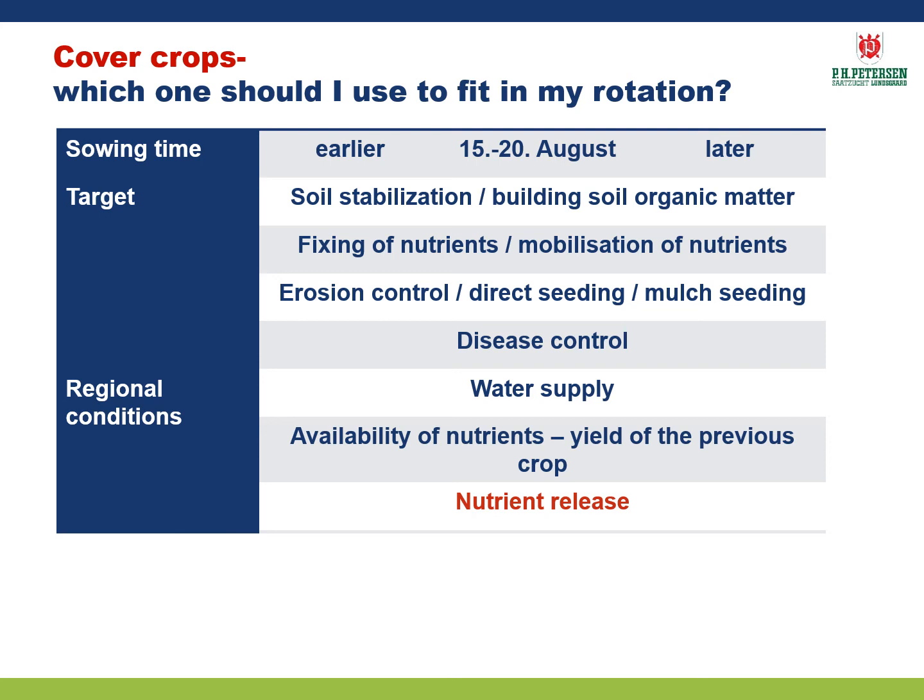Nutrient release is also some point you can look for. Everything which builds lignin releases the nutrients late. Everything which goes green into the winter has a very fast release of nutrients.